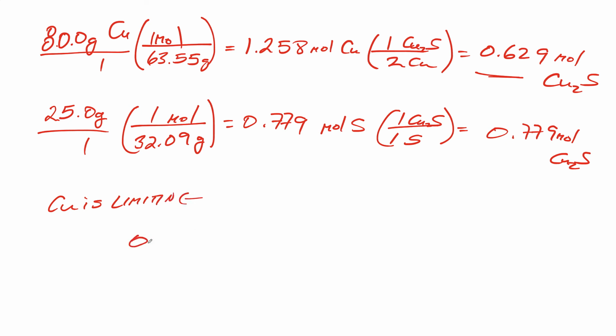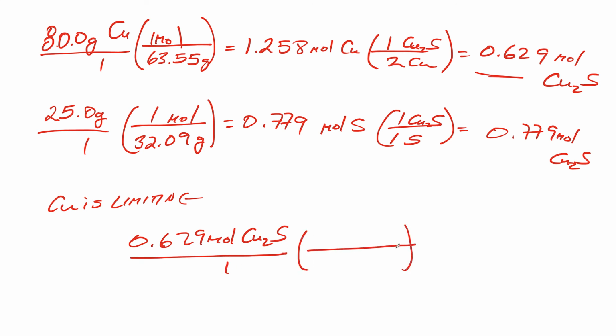And so we'll go 0.629 moles of copper(I) sulfide. And to figure out the molecular weight of that, sulfur again is 32.09 plus 2 copper units, 63.55 each.